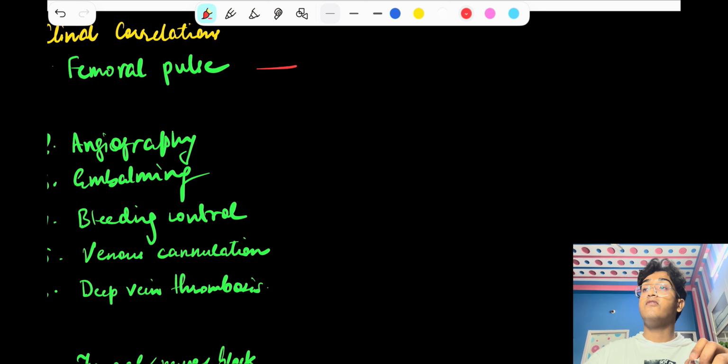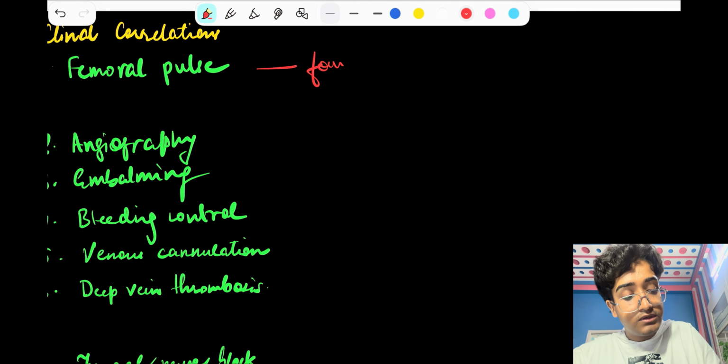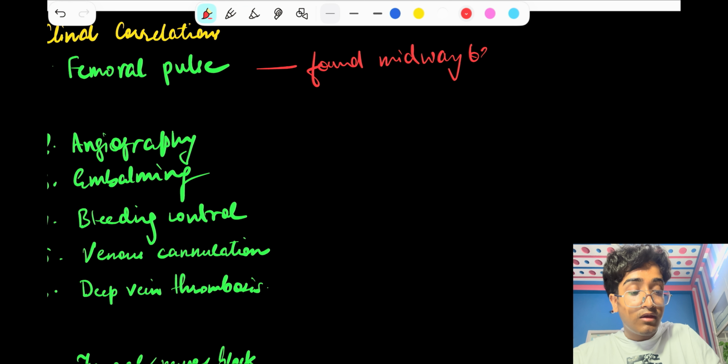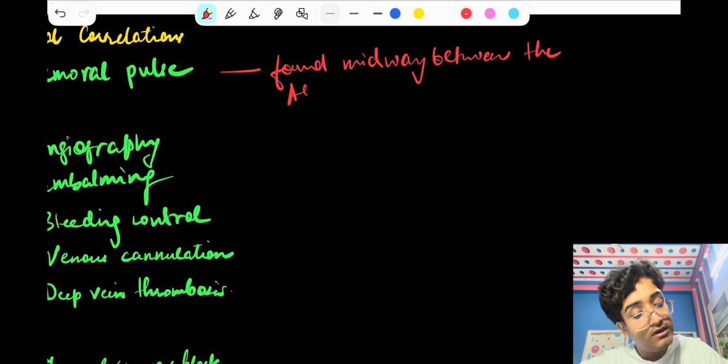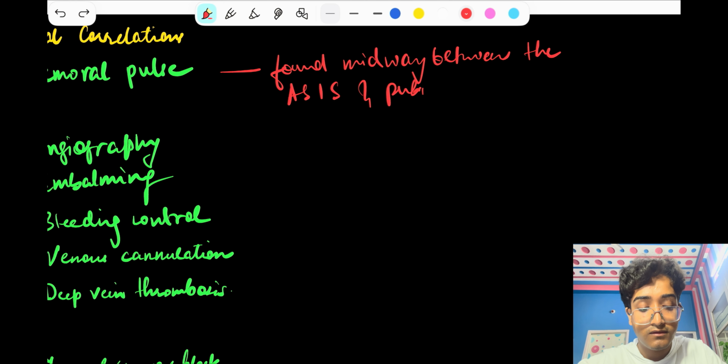Where do we find it? Midway between the anterior superior iliac spine and the pubic symphysis.